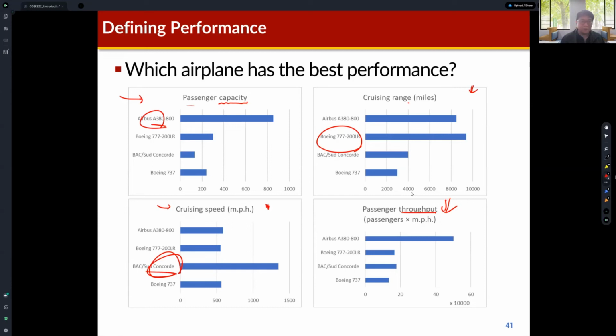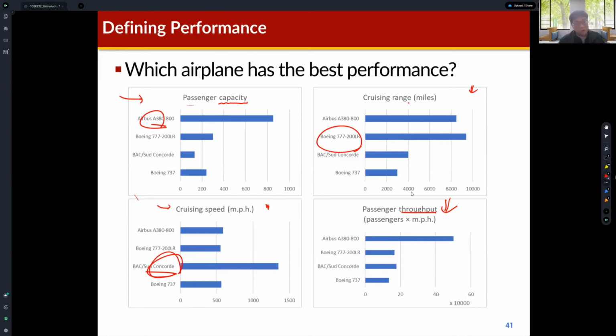Firstly, you need to consider performance, because if the airplane performance is good, you will get more money, right? But then which airplane will you choose? It depends on the purpose of the airplane. What does that mean?